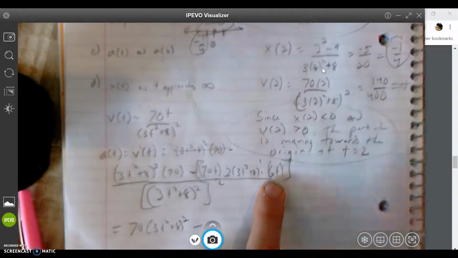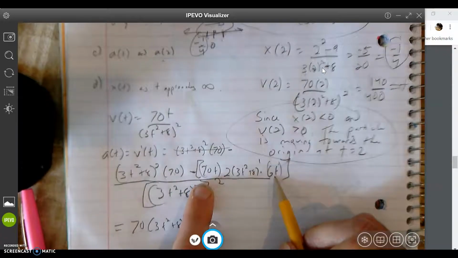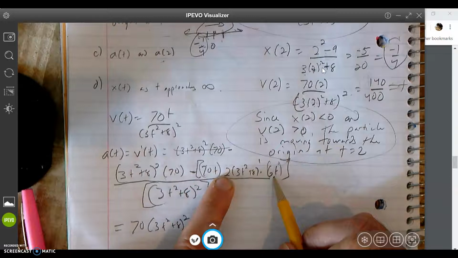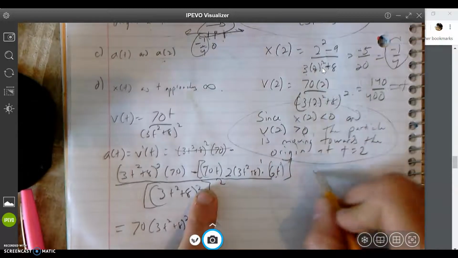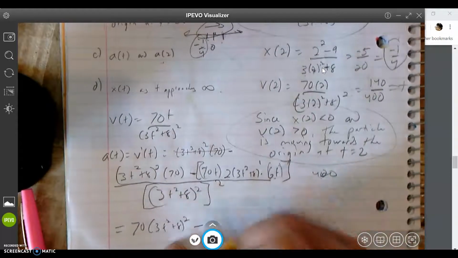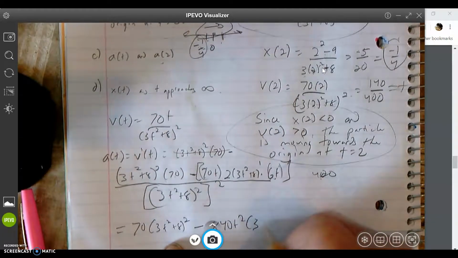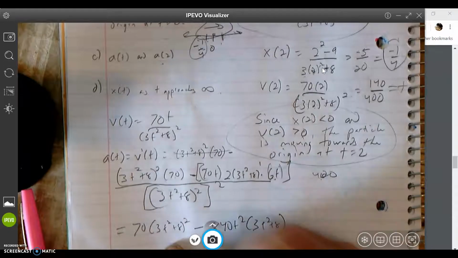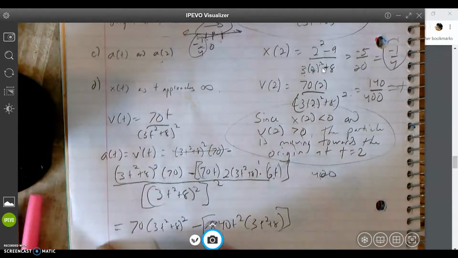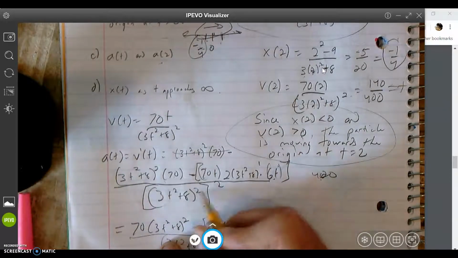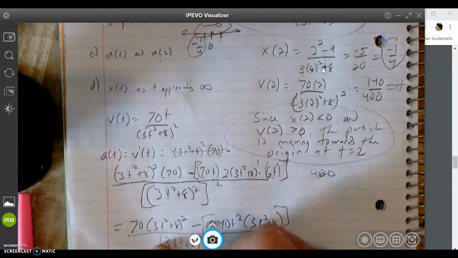So 6t times 70, that's going to be 420 t squared times 2. 420 times 2 is 840 t squared, 3t squared plus 8 over 3t squared plus 8 squared, so that's to the 4th.